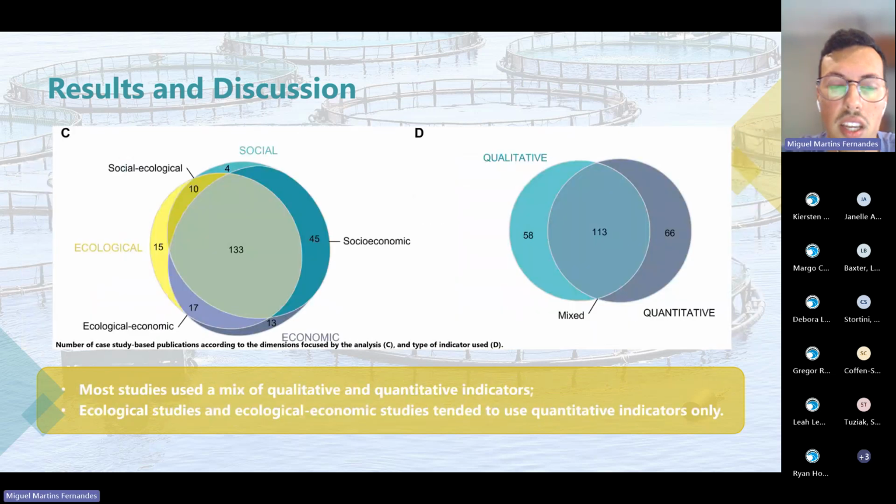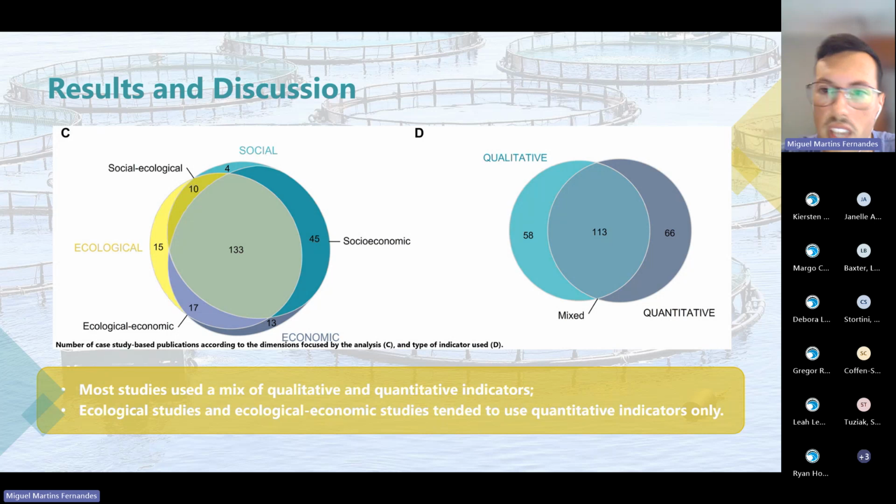Then finally, regarding the type of dimensions that we use and the type of indicators, it was very interesting to note that most of the studies try to understand the system as a whole.